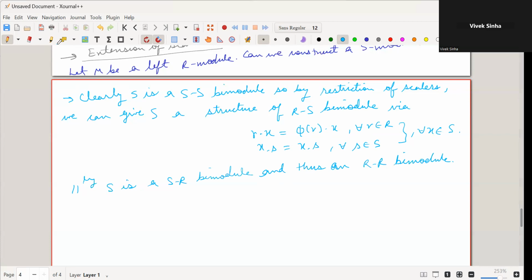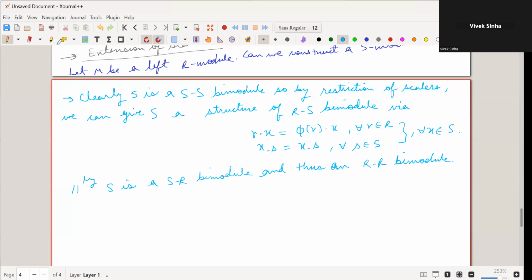Okay. So given an SS bimodule, if you have a morphism from R to S, you can give an RS bimodule structure over it, an SR bimodule structure over it, and an RR bimodule structure over it.